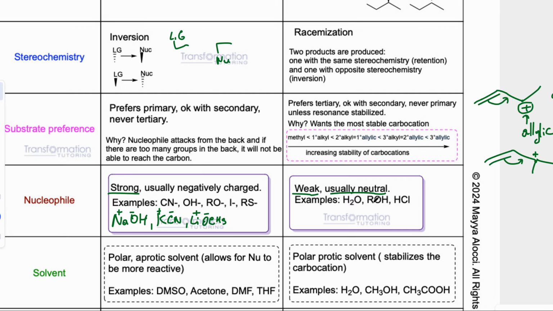ROH, again, R stands for alkyl group, which consists of any hydrogens and carbons. So it could be CH3OH, CH3CH2OH, cyclopentane with OH on it. Any sort of carbon chain or ring with OH will do as our nucleophile, or we could have an acid as well.